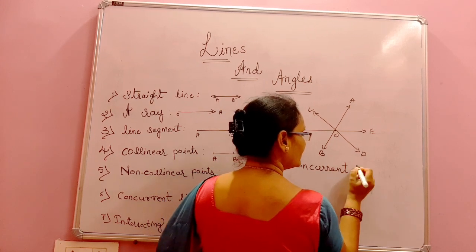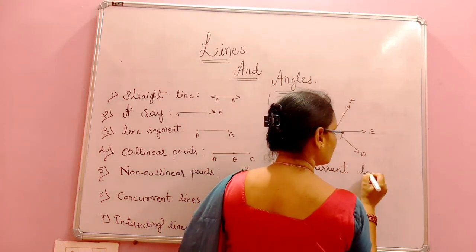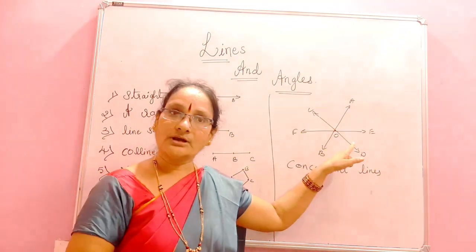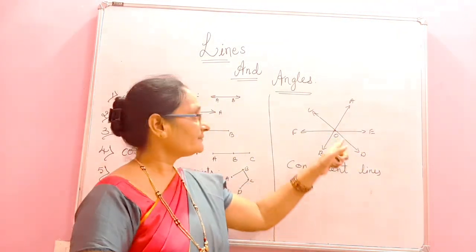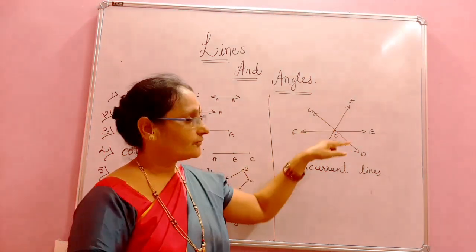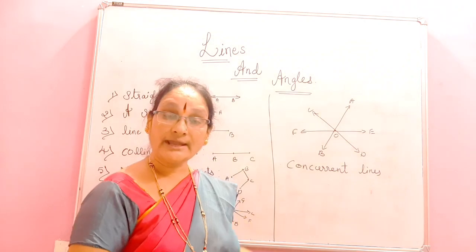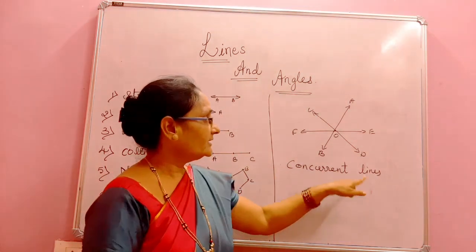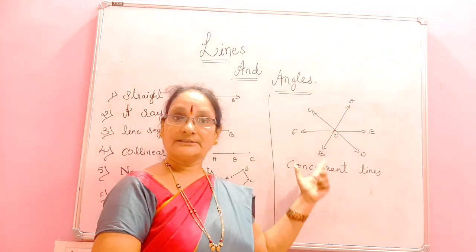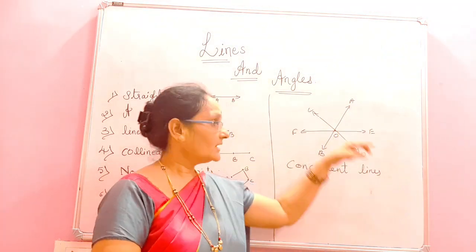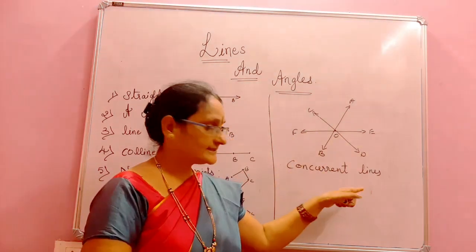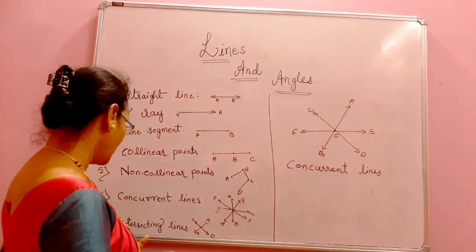If 3 or 4 lines pass through a same point, then these lines are called as concurrent lines.